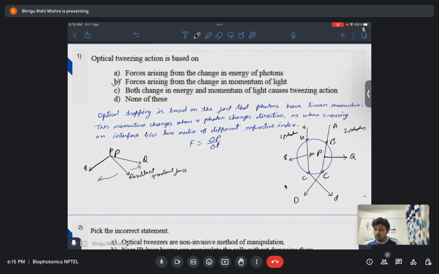Okay, now these are not the only thing. What should be the value of this gradient force? It's like you are inserting the gradient forces, but it is still not moving, because there may be some reflection happening at the interface.